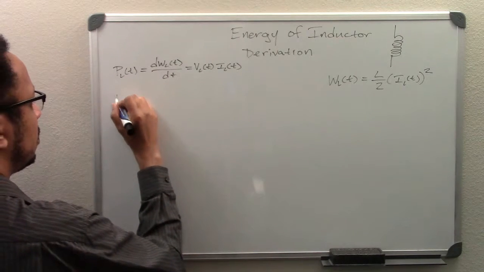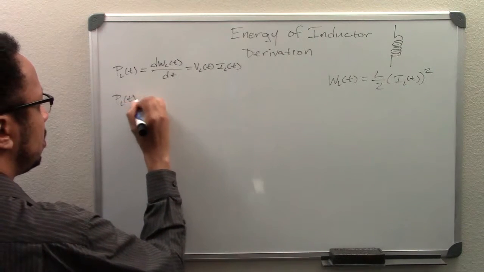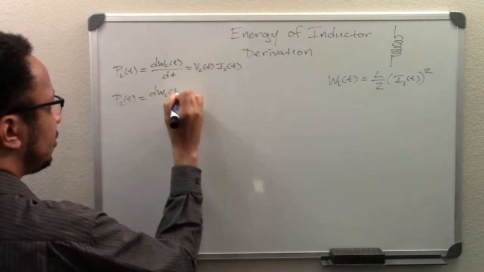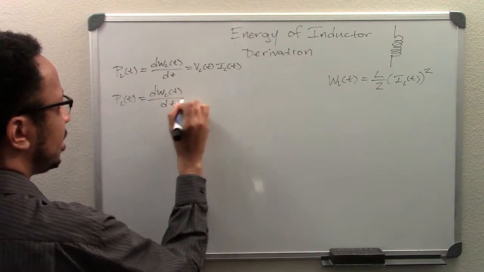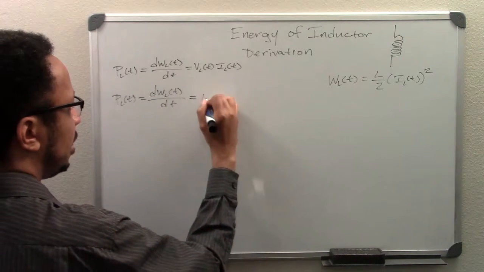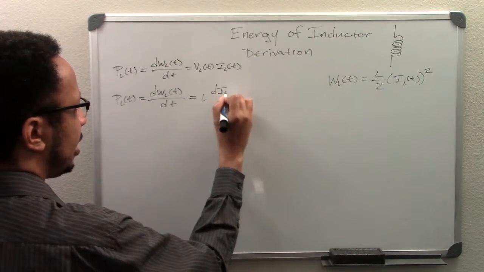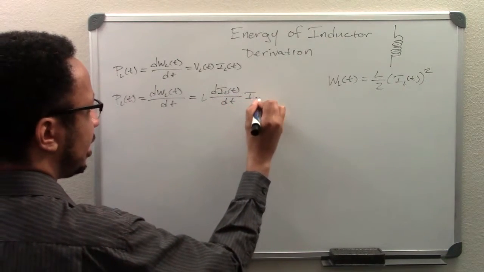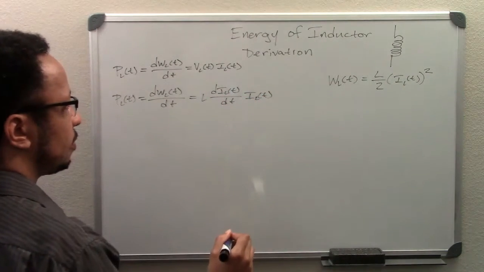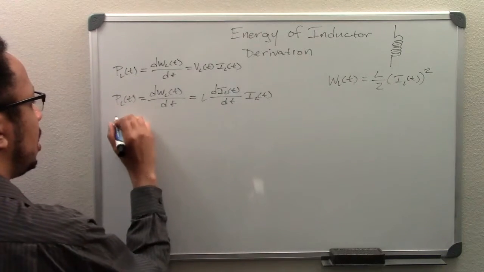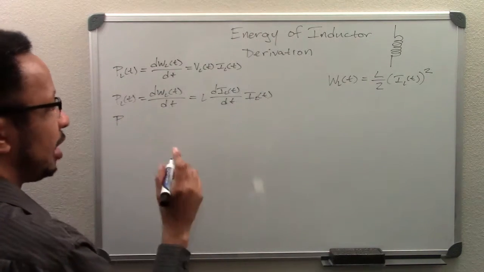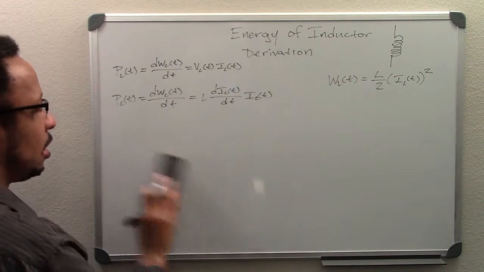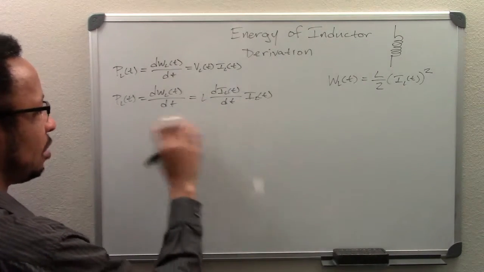So doing that, we have p_L(t) = dW_L(t)/dt equals L di_L(t)/dt times i_L(t). Then what we'll do is multiply by dt throughout this whole three-way equation.